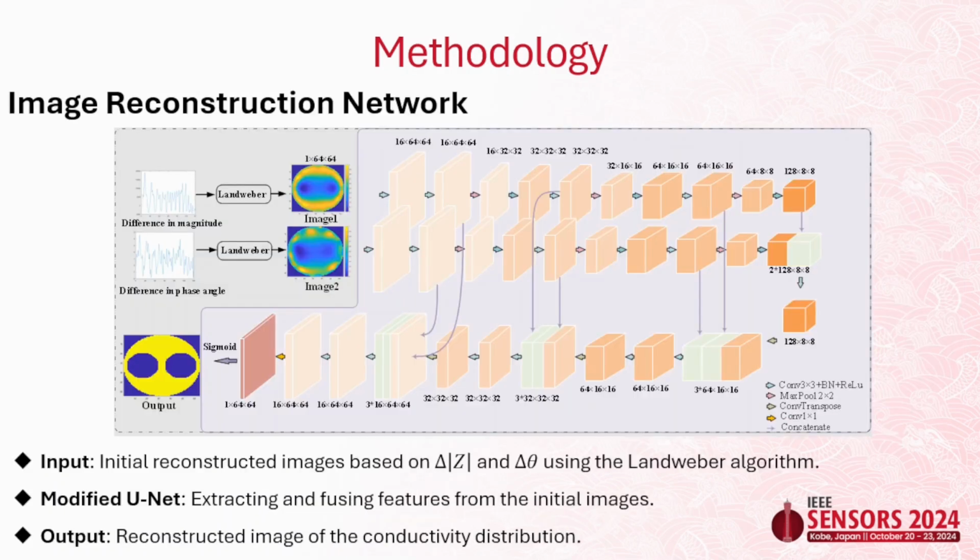The method we take here is a modified UNet. It's not a difficult or complicated network. What we do is try to enhance the quality of the image and to fuse these two images together, one from the magnitude, one from the phase, to enhance the image quality and make better results.